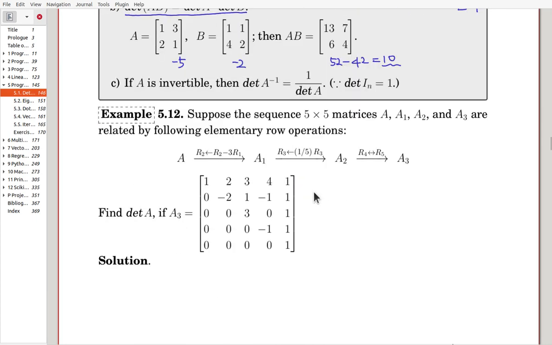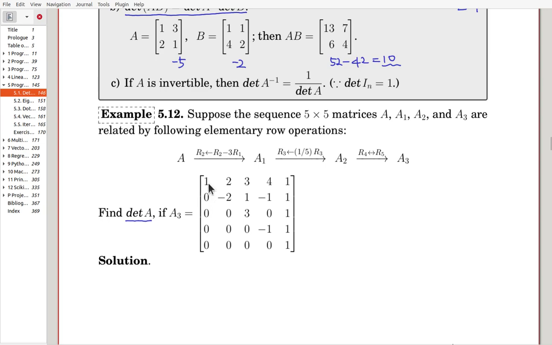Okay, let's try to solve this problem. Suppose the 5 by 5 matrices A, A1, A2, A3 are related by the following elementary row operations. Start from A, with replacement A1, scaling A2, interchange A3, and A3 is given here. We want to find the determinant of A. So we start with the determinant of A3.